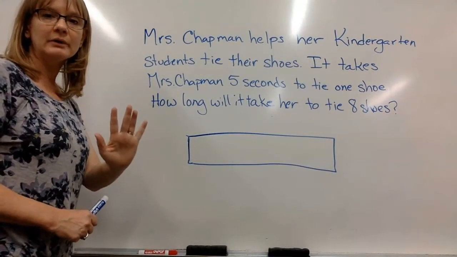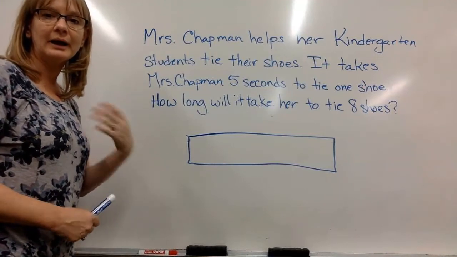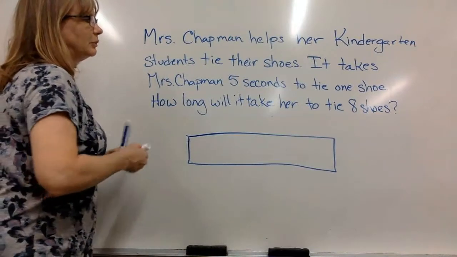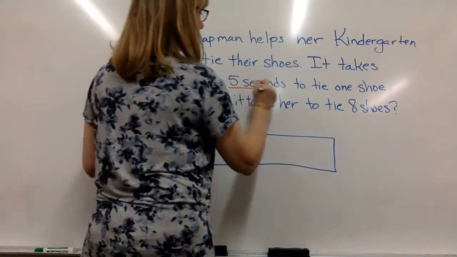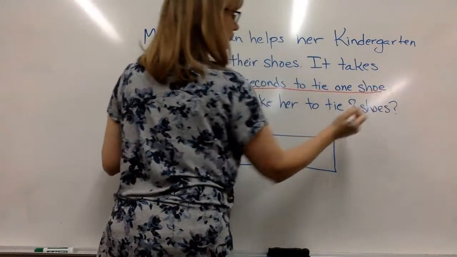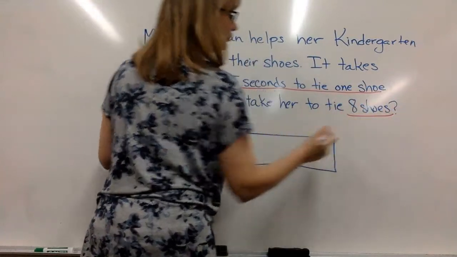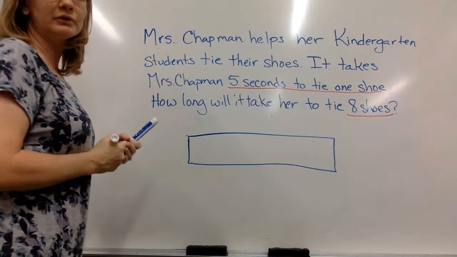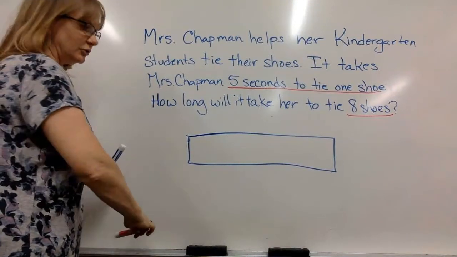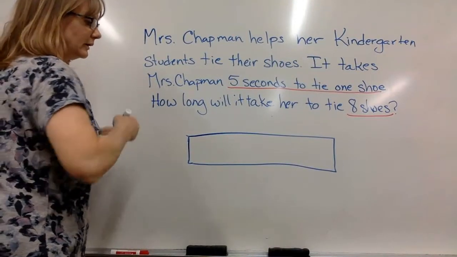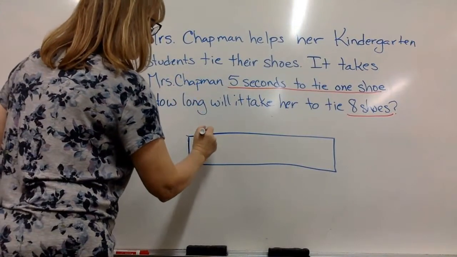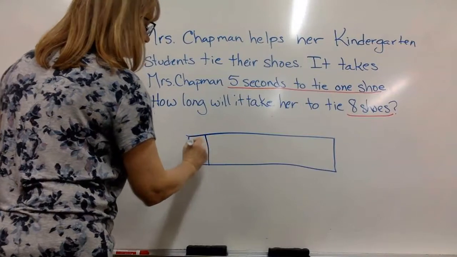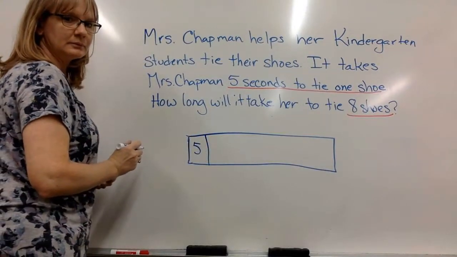Well, one time when they're ready to go out for recess, there are 8 shoes that are untied. So let's get the important information. 5 seconds to tie one shoe, and we have 8 shoes to tie. What is the total amount that it's going to take to tie 8 shoes? Tape diagram. I have one shoe that takes 5 seconds.